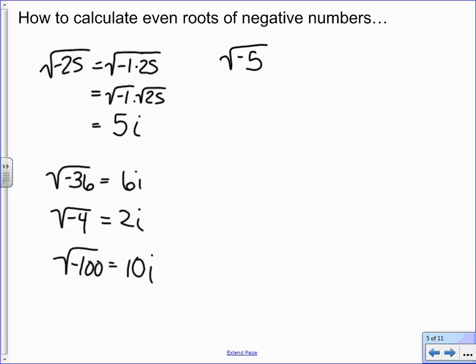I want you to leave it in radical form. All you have to do on this one is take out the negative and write it as an i. So the square root of negative 5 is i square root 5. That's okay. But that i tells everybody in the room right away, this is not a real answer, this is an imaginary answer.